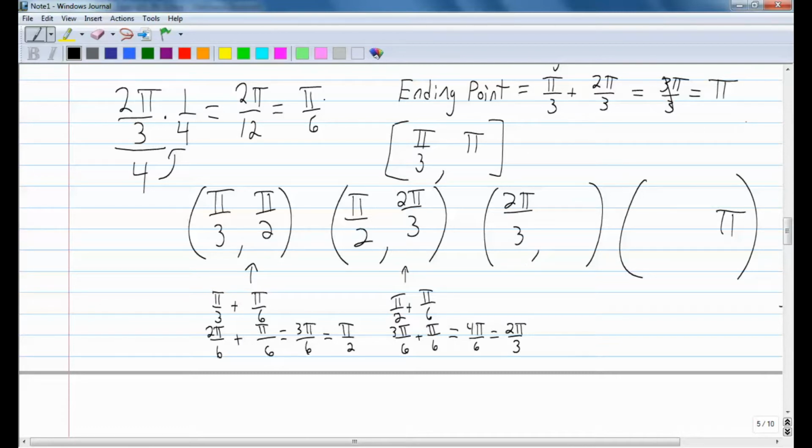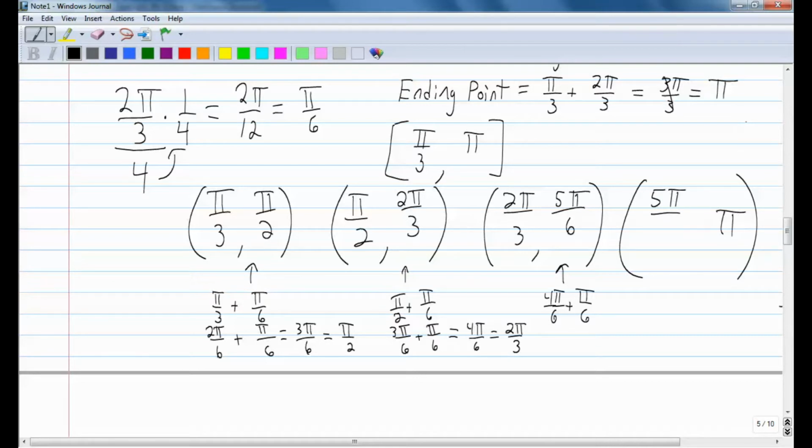And I'm going to add again pi over 6. So 2 pi over 3, which was also 4 pi over 6, if you remember, plus pi over 6. Remember, I'm adding pi over 6 every time because that is the value I add to each subinterval. Alright, so 4 pi over 6, which is the same as 2 pi over 3, plus 1 pi over 6 is 5 pi over 6. I'm almost done. When I come to the end, this is where I can check and see if I'm doing things right.